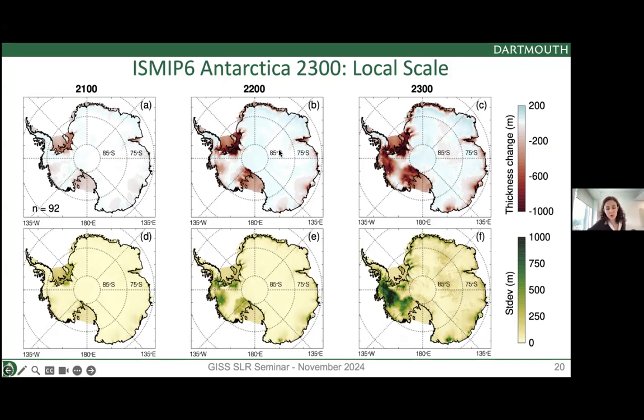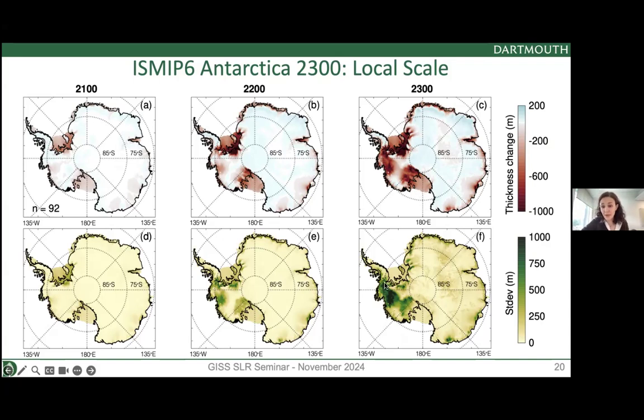By 2200, the picture is quite different, with extensive thinning upstream of many of the Ronne Filchner ice shelf and the Ross ice shelf, as well as above Thwaites Glacier. And then by 2300, this very large thinning extends to most of the West Antarctic ice sheet.